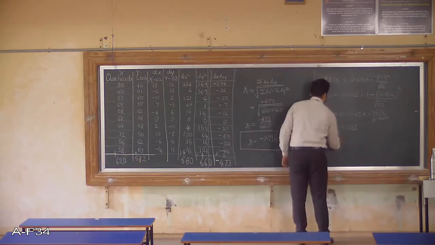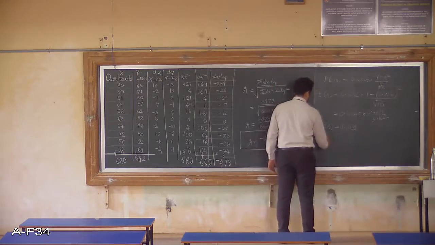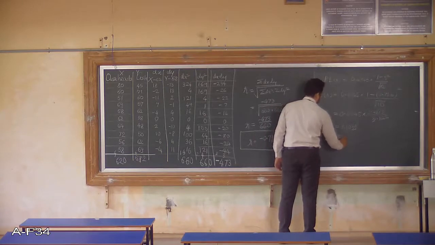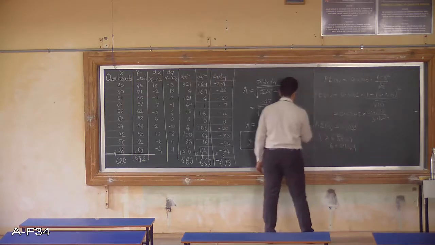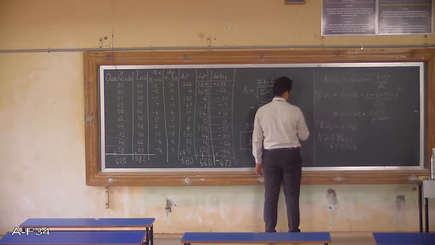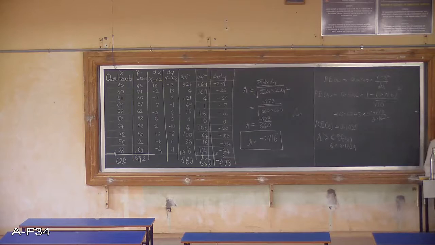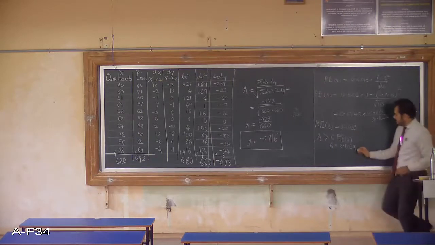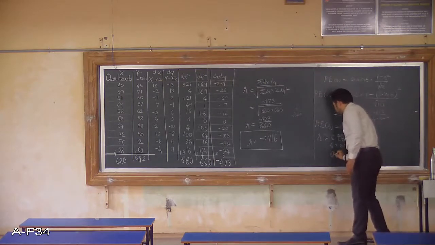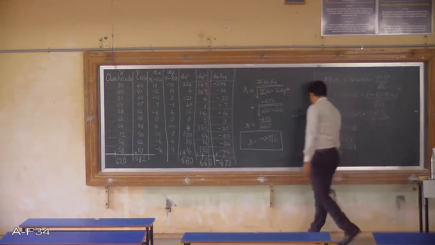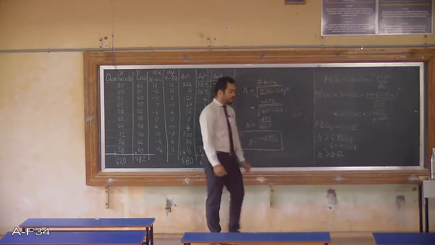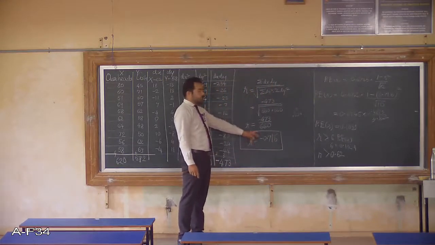So this gives 0.62. So 6 times the probable error is 0.62, and the value of r is 0.716.